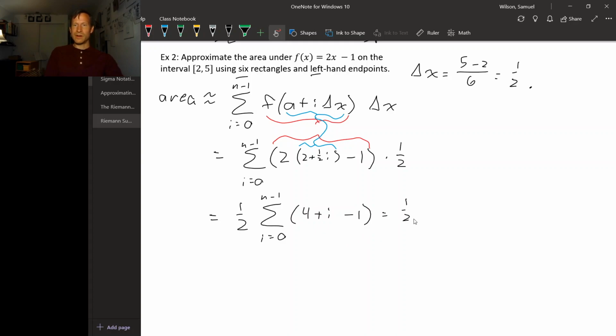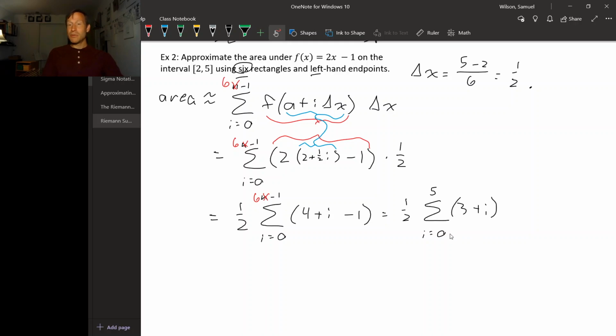So this is 1/2 times the sum from i equals 0 to, oh, I wrote n minus 1, but n is 6. So this should be a 6 right here, and right here, and also right here. All right, so 6 minus 1 is 5. And on the inside we have 4 minus 1 is 3, so 3 plus i.